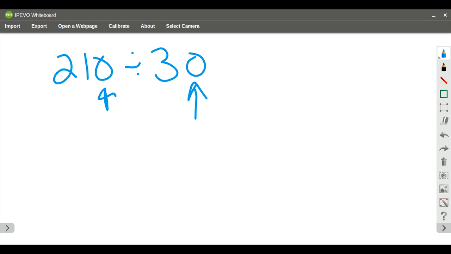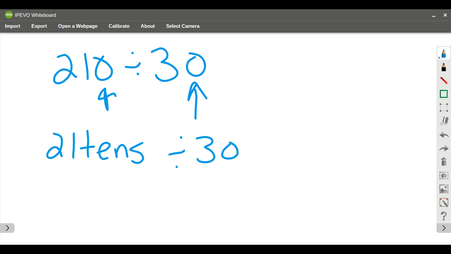And so if I look at this, I really do have 21 tens and 3 tens, because that 0 is my placeholder for the ones that tells me that I have 3 tens. Because the value I have here in my tens place value is 3. And here I have 21 tens because those two values come before the 0.